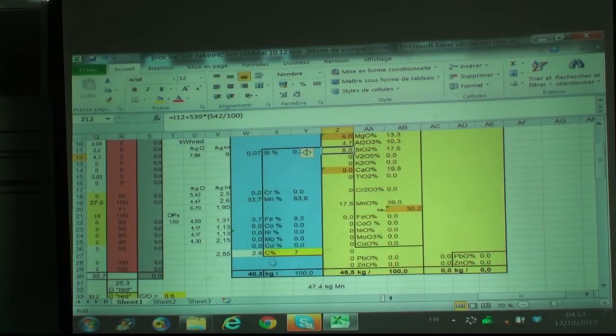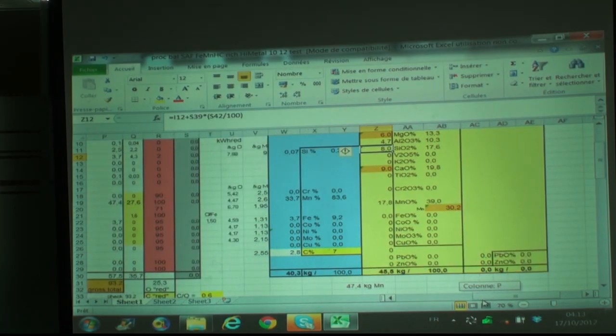Okay, let's see how we handle the slag. For the metal, you have understood how I make the sum. And having the sum, of course, it's easy to calculate the percentage, meaning that for manganese, I divide the kilo manganese by the sum multiplied by 100 to have the percentage.